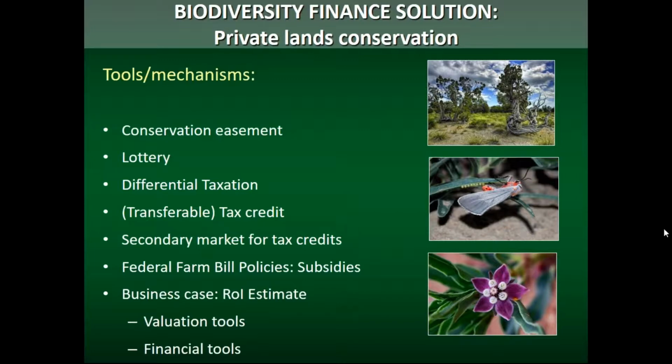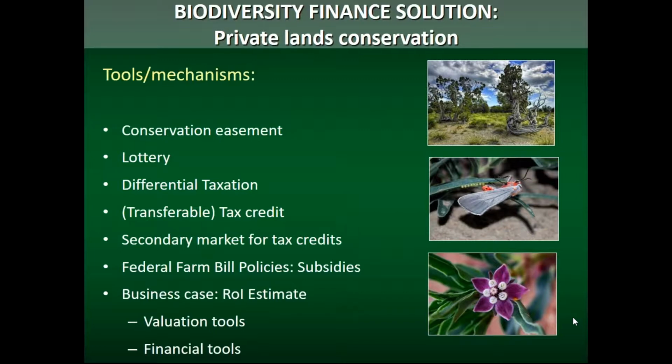And then in addition to this, we also have here in the United States a federal agricultural policy called the Farm Bill, which has 10 titles, and the second title is about conservation. In the conservation title, there are subsidy programs for maintaining agricultural lands in conservation practices, and we'll talk a little bit about that.